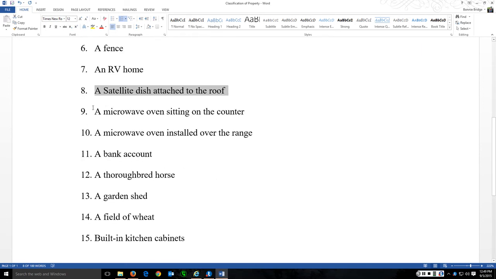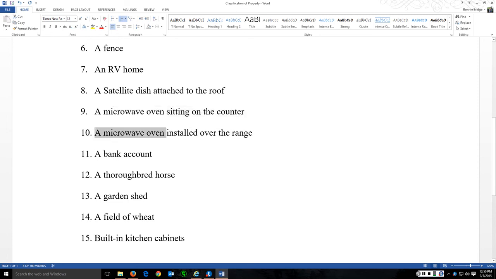Next, a microwave oven sitting on the counter. A microwave oven sitting on the counter is not attached to the land, so it's not real property. And it's movable. It's not installed, so it's not going to be considered a fixture. So a microwave oven sitting on the counter is personal property, and it's tangible because you can touch it.